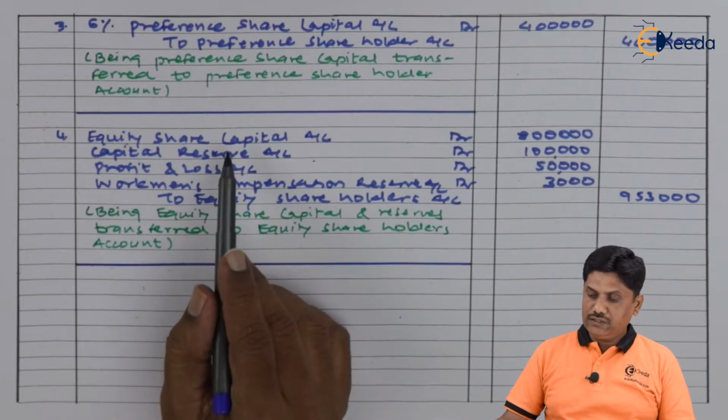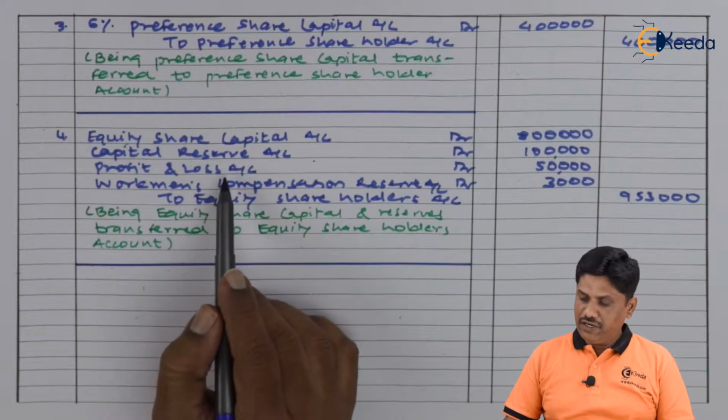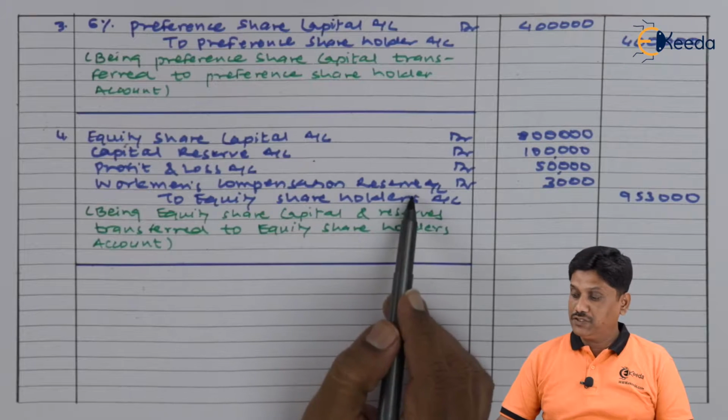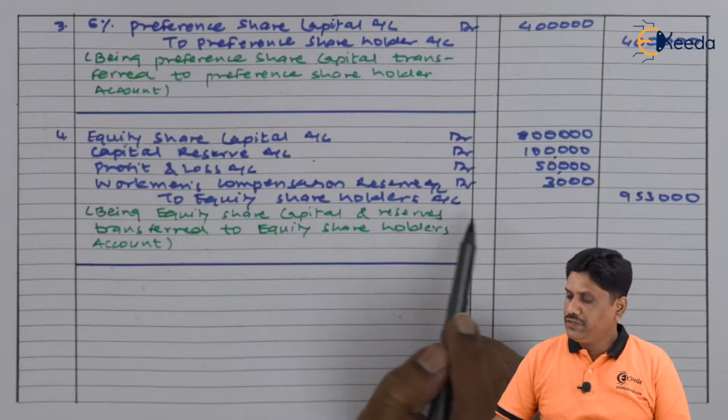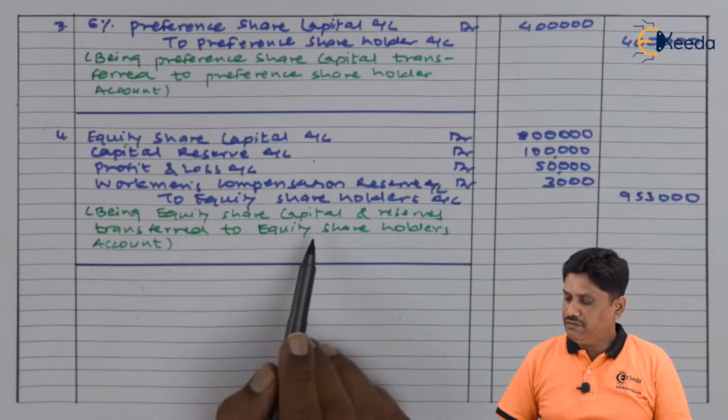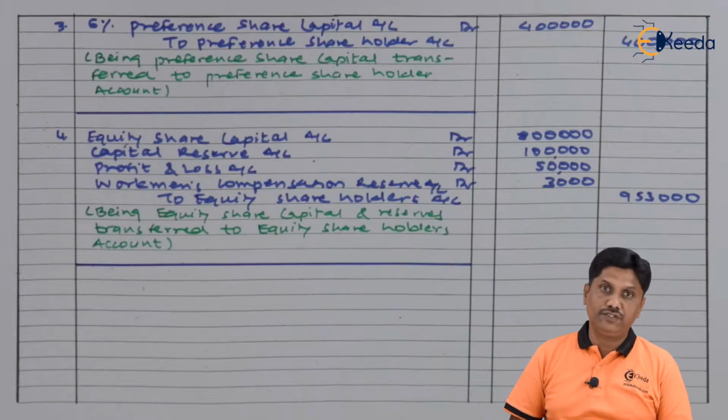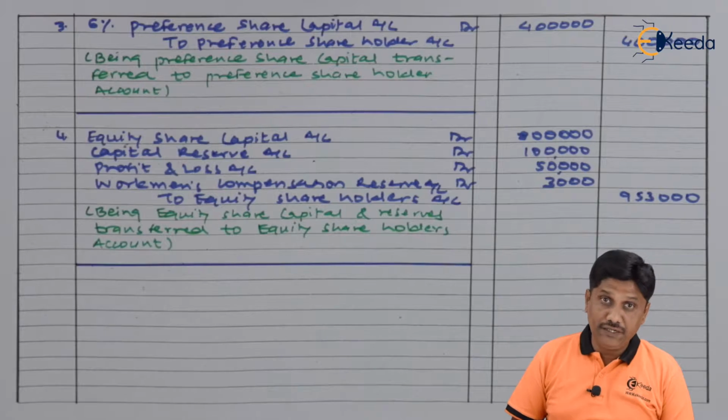Friends, you can notice equity capital account debit, capital reserve account debit, PL account debit, workman compensation reserve to the extent it is profit, transferred to equity shareholder account credit, being equity share capital and reserves transferred to the equity shareholder account. So in that way, we have completed that entry.